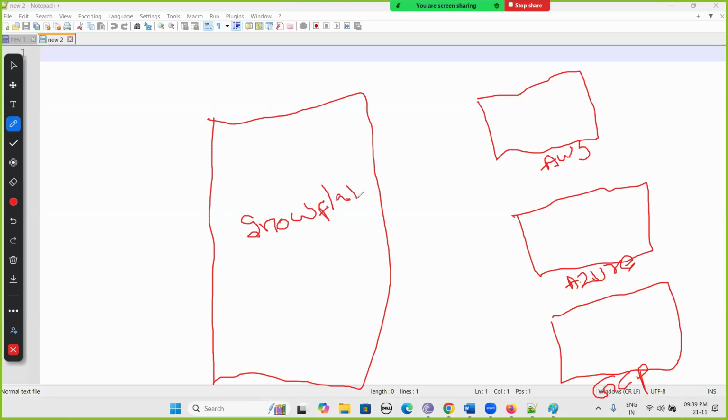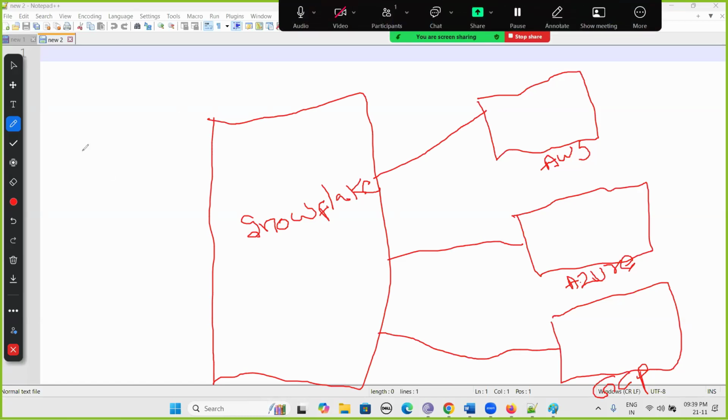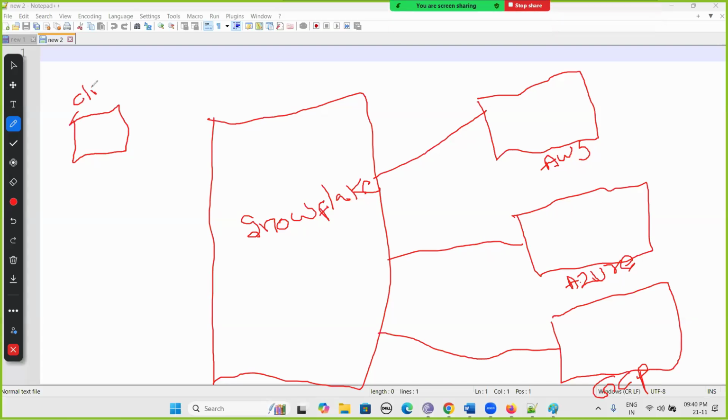Snowflake people already have partnerships with AWS, GCP and Azure. So this is user one, a client of Snowflake, and the client name is Badri, and I created an account in Snowflake.